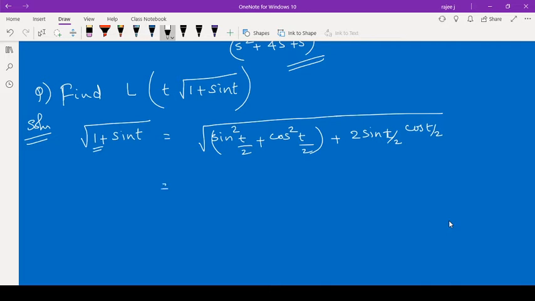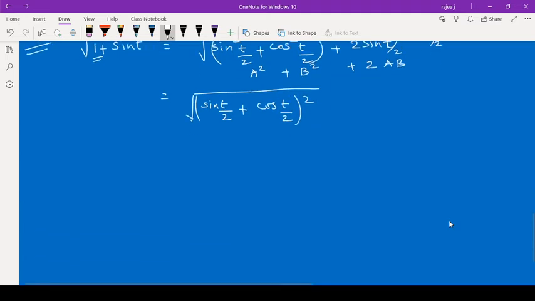So if you look at here, this is of the form a square plus b square plus 2ab, which is a plus b the whole square. So this will be the square root of (sine t by 2 plus cos t by 2) the whole square, and this we know, the root and square are there.